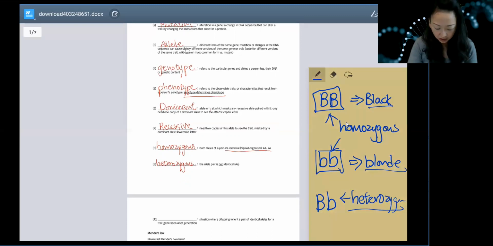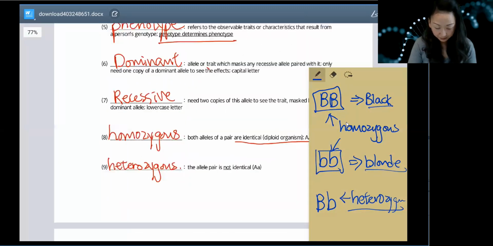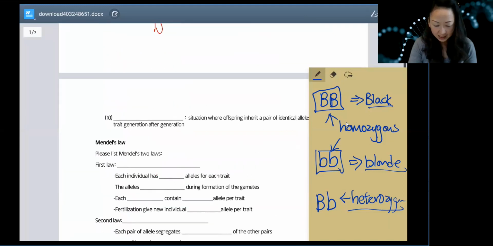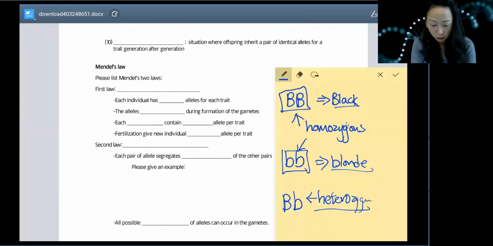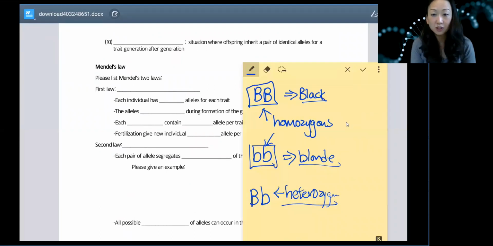Okay, moving along, the last one is a situation where offspring inherit a pair of identical alleles for a trait generation after generation. That means every generation it's passed on, it's always the same allele, okay? And we'll probably be using this later on.